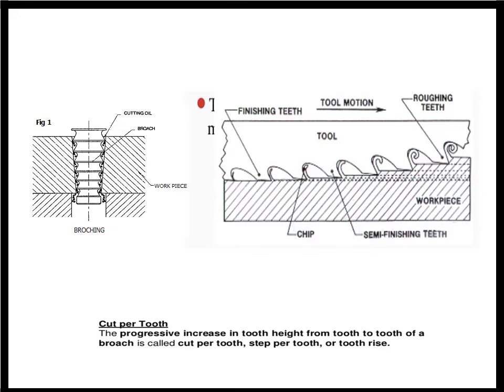At the same time, you can see the amount of material removed by a roughing tip is more than that of the finishing tip. The other thing you can notice is the rise per tooth. We have discussed the rise per tooth is higher in the roughing teeth section compared to the finishing teeth section.